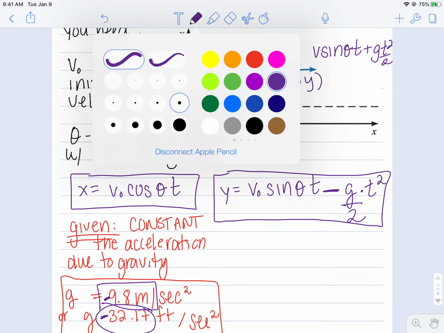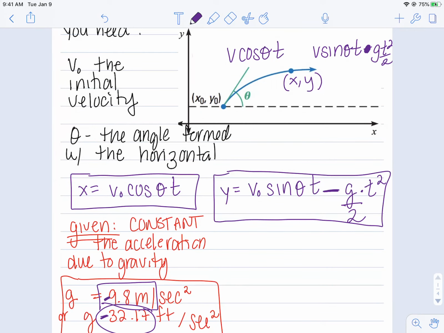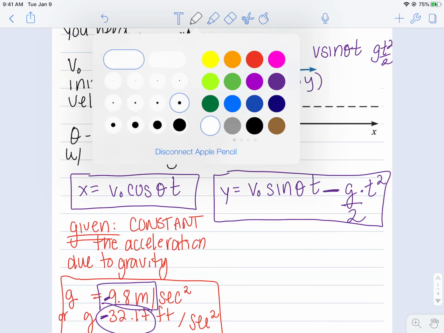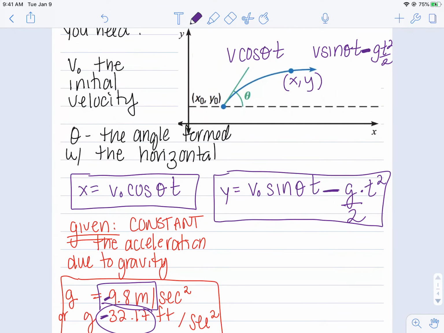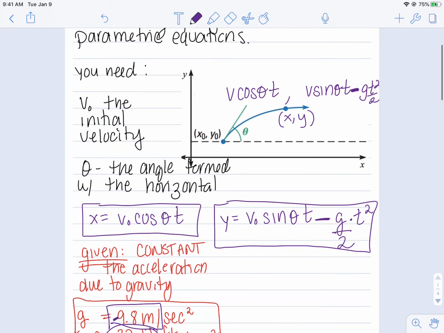Some textbooks have a plus and remind you that g is negative, and some have a minus and tell you that g is positive. It depends on the physics class you're taking or the textbook you're using. We're going to use that for the next problem, so I hope you got the formula down.